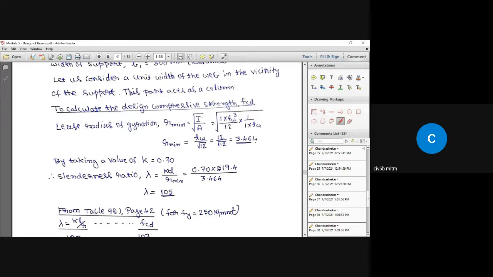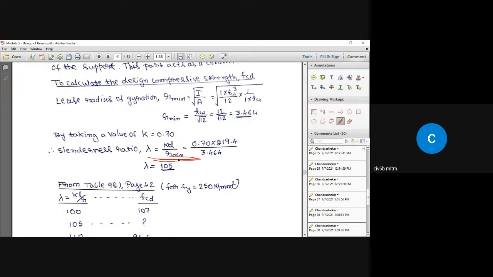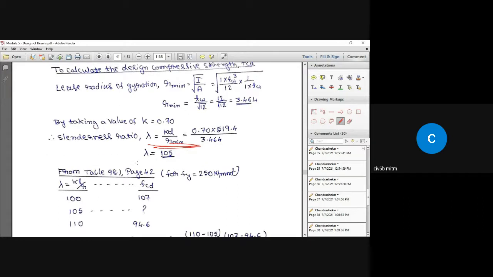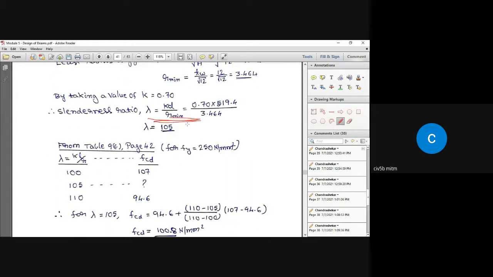By knowing K and the least radius of gyration, we have this formula: slenderness ratio equal to KL by R. We know the K value and the D value, and R minimum is known. Therefore, lambda, the slenderness ratio, equals 105, a numerical value, so it has no unit.